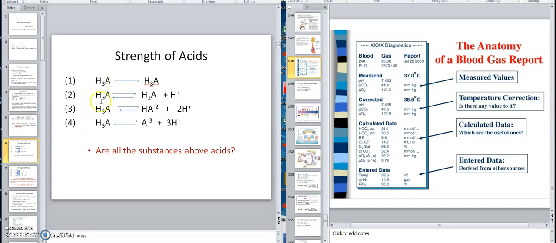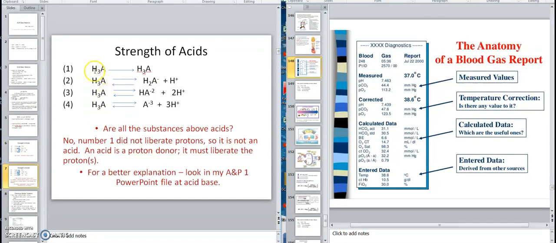Okay. But are all of these substances acids? And the answer is no. Let's go to the next one. The answer is no. Because even though this has protons, it doesn't liberate any. Now, these do. But this only liberates one, and you liberate two, let's say.